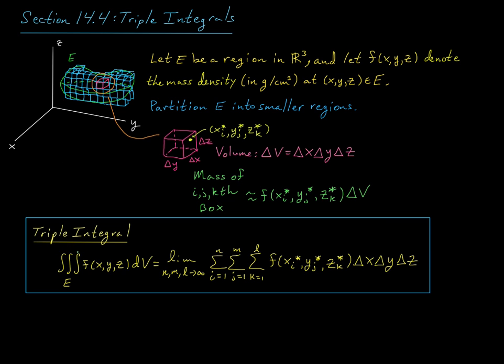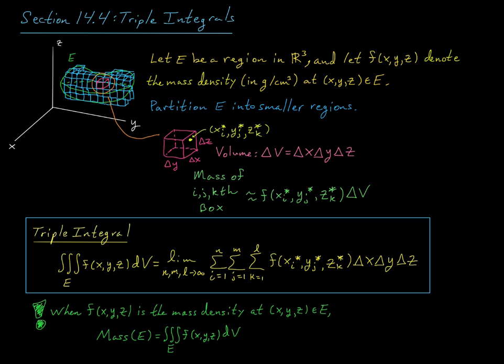We now have three integral symbols right here on the left, and of course this is not the approach or the method we'll use to actually compute this. We'll look at iterated integrals much the same way we did for double integrals.